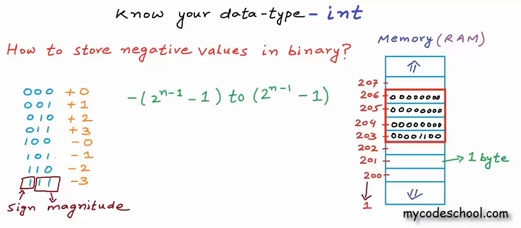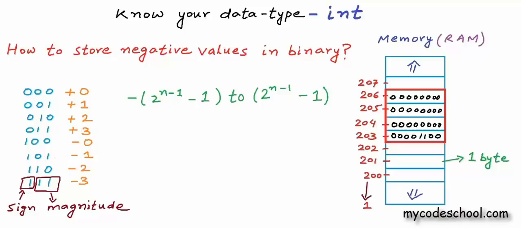Because we are using n minus 1 bits for magnitude, the maximum magnitude that we can have is 2 to the power n minus 1, minus 1. And because we also have a sign bit to say whether it's a positive number or a negative number, the maximum negative value that we can store would be minus (2 to the power n minus 1, minus 1), the negative of the maximum possible value.